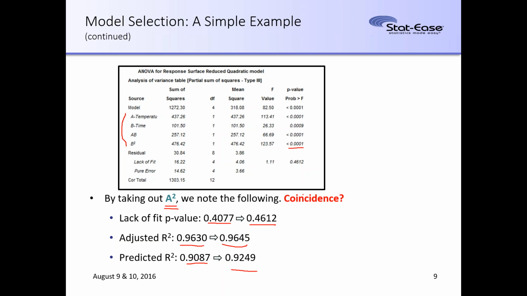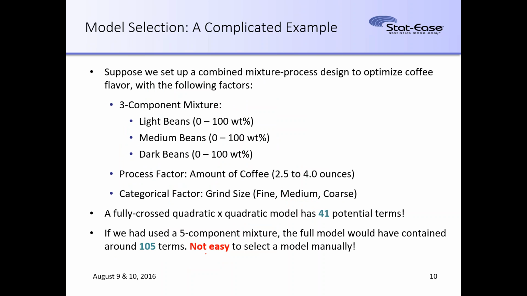So the question is, by taking out A squared, which is an irrelevant term, is it a coincidence that we see these improvements in the model? So we did our first model selection of the webinar. What we did is we fit the full model and we took out any terms that have a p-value greater than 0.05. Easy enough.